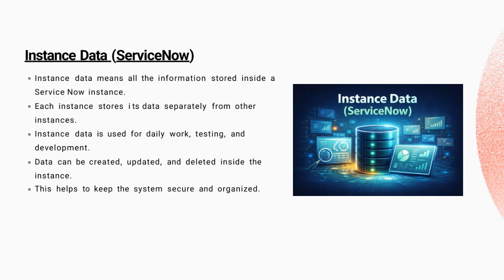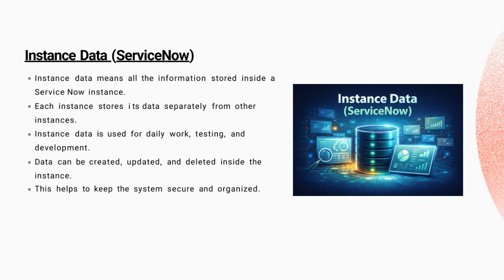When we talk about instance data in ServiceNow, we're referring to all the information stored inside a single ServiceNow instance. Each instance keeps its data separate from others, which means that data from one instance doesn't mix with data from another. This separation is crucial for maintaining security and organization across different environments or departments.